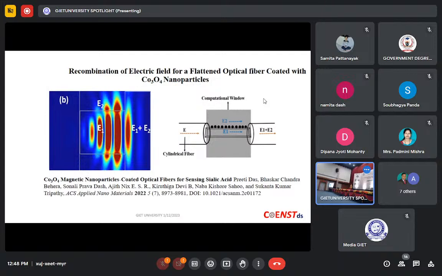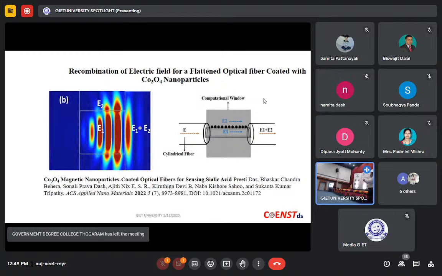You see, this is the core of this optical fiber, and this is the nanometer coating given here. When you have a nanometer coating, no light is coming out here. The nanometer coating is somewhere here.